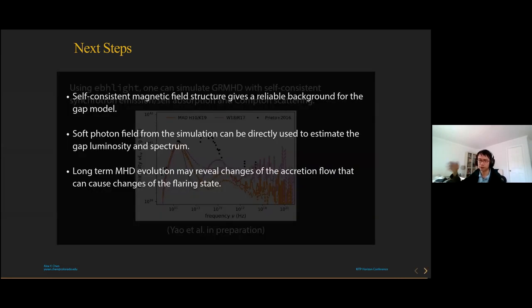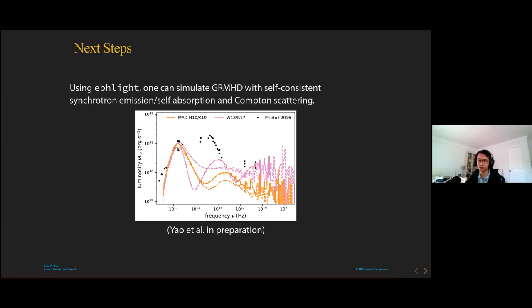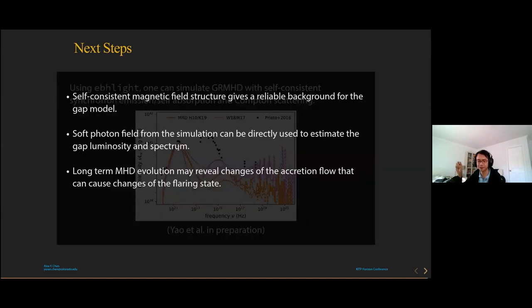But the goal, so I'm kind of involved because this very nicely gives you an estimate of the soft photon peak, as well as the soft photon spectrum and angular distribution anywhere in the simulation domain. That includes the funnel. So it gives you a very nice self-consistent magnetic field structure in the funnel, as well as the soft photon field distribution in the funnel. That is what we were missing in our simple gap models.